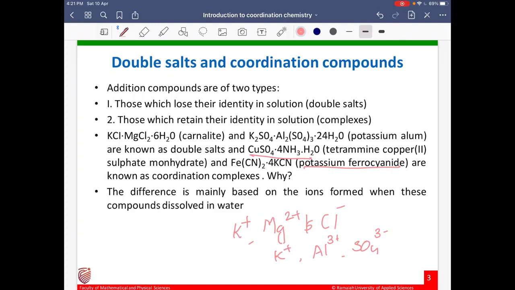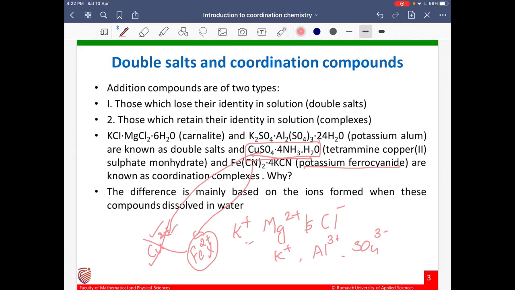Compounds containing these ions are called coordination compounds. When these coordination compounds dissolve, they do not form simple ions. For example, if this complex dissociates in water, we will not get any properties of copper ions, or of Fe2+ ions.